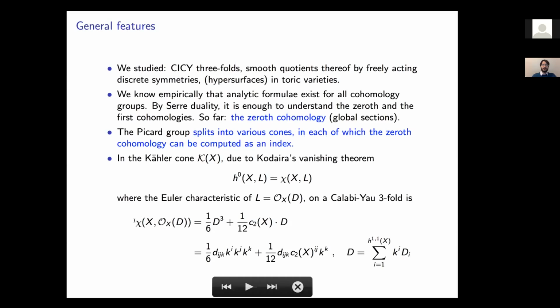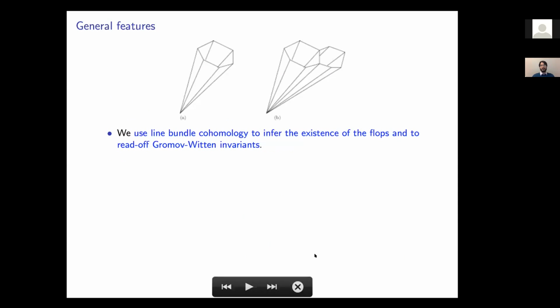And then you compute the Euler number by computing the triple intersection number of D, take 1/6, and then you dot D into the c2 of X. So in a basis, you have the triple intersection numbers d_ijk, and the c2 coefficients. Okay, so you've seen this picture many times in the past probably.